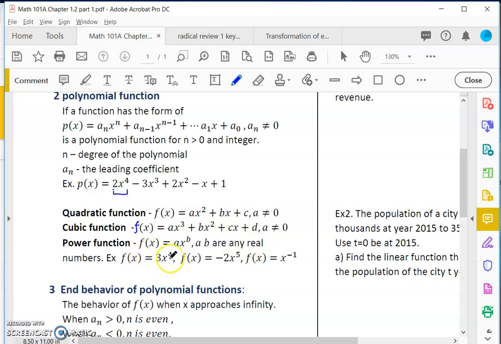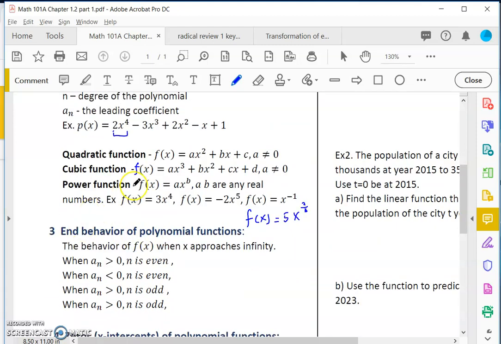So you can have 3x to the 4, which is a polynomial function as well as a power function, but you can have f of x equal to x to the negative 1, or even f of x equal to 5 x to the 2/3 or 1/3, which is also a power function.